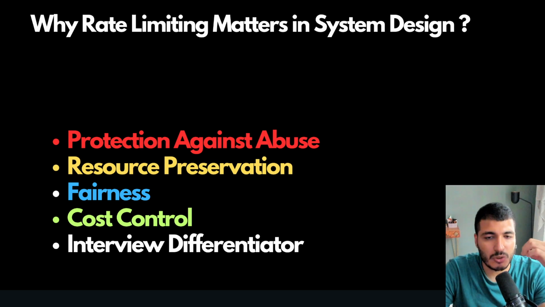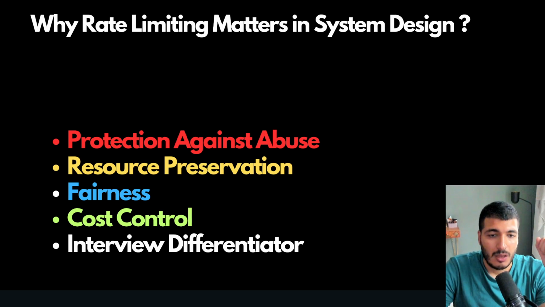It's about ensuring a consistent experience for all users by preventing any one user from monopolizing the entire resources. Number 4, cost control. If you are paying for API calls to third-party services or for egress bandwidth, rate limiting will directly help control those operational costs.